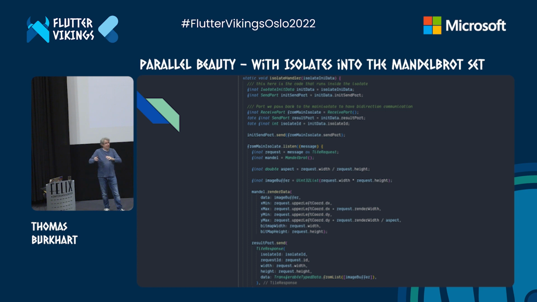So we have to keep track by storing inside the isolate which isolate it is. Then we send back the send port so that we have communication in both directions, and we start to listen on the port that we got from the main isolate. We listen for tile request messages.